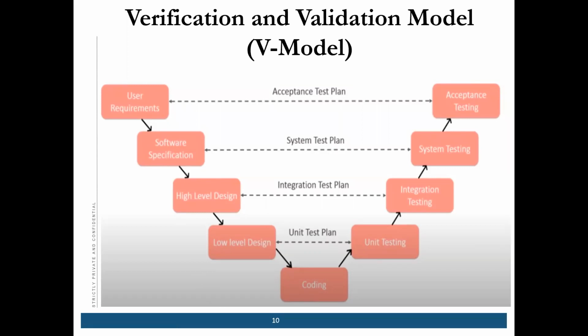Normally testing happens in a later phase, but this is the beauty of this model: creation of test cases will start as soon as the software specification and high level design are being created. Simultaneously, their particular test cases also start being written.